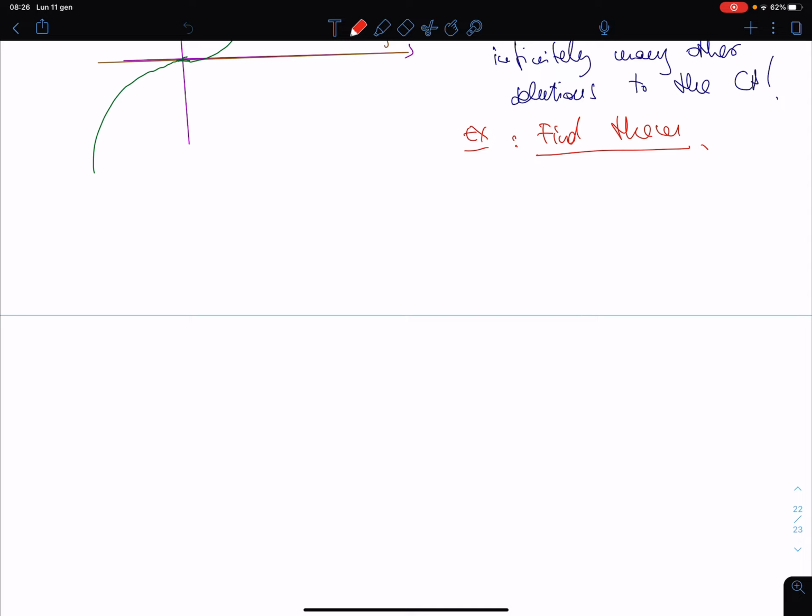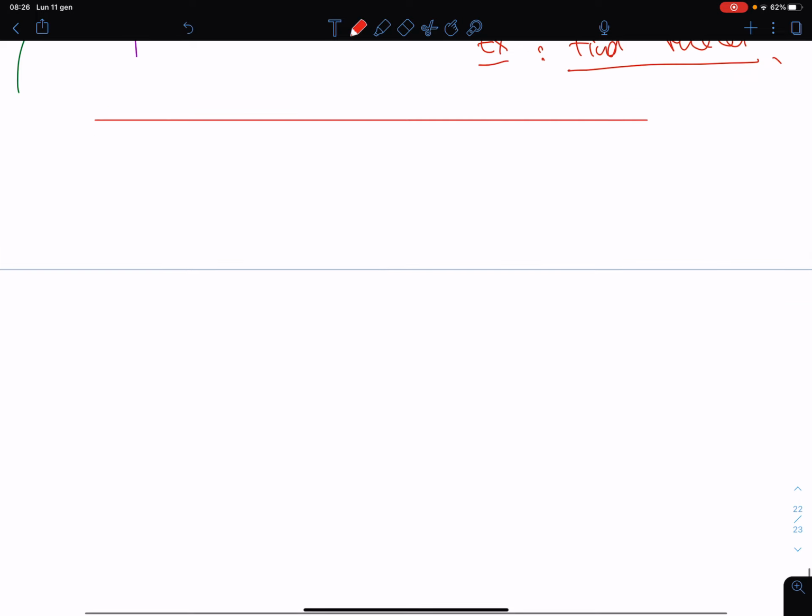separation of variables. And so the next topic is called exactly separation of variables. When I'm talking about separation of variables, it's a very huge argument again.